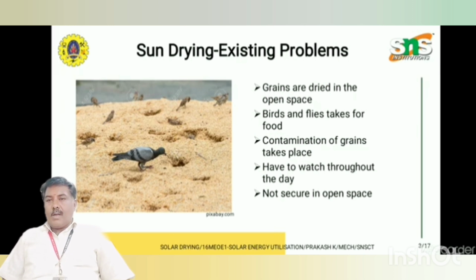Because of these issues we have to watch throughout the day. So the drying of these food grains in open space is not secure.